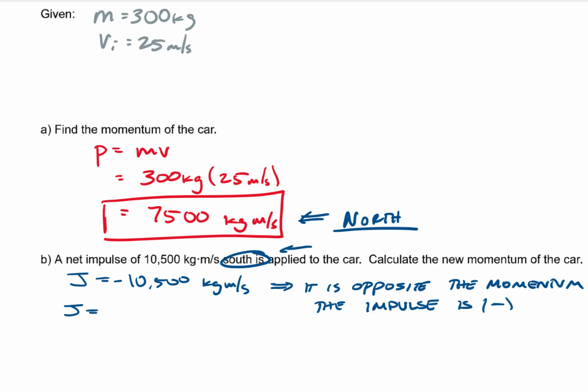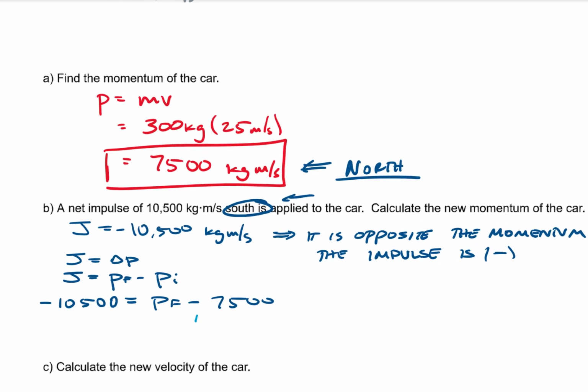So the impulse is also equal to the change in momentum. So the impulse is equal to the final momentum minus the initial momentum. So negative 10,500 is equal to the final momentum minus the initial momentum, 7,500. We're going to add 7,500 to both sides. And my final momentum comes out to be negative 3,000 kilogram meters per second.